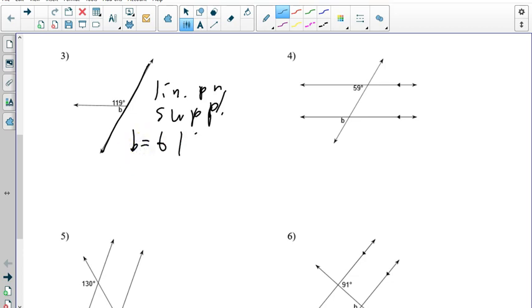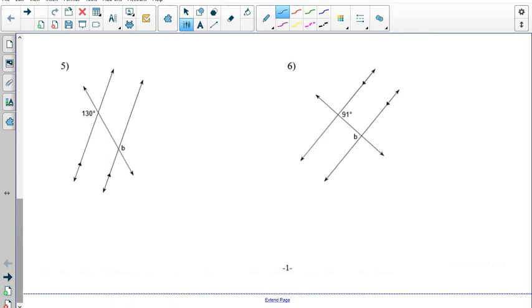Okay, here we have parallel lines. This angle is the same as this angle. All the acute angles are the same. They are on the same side, but one is inside, one's outside. That makes them corresponding angles. But they are the same, so B is 59 degrees.